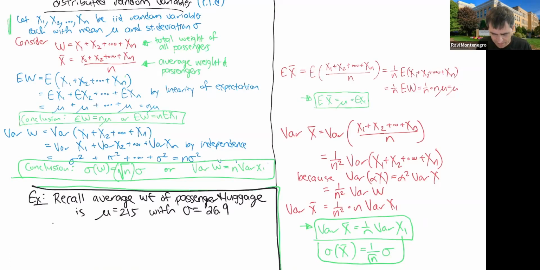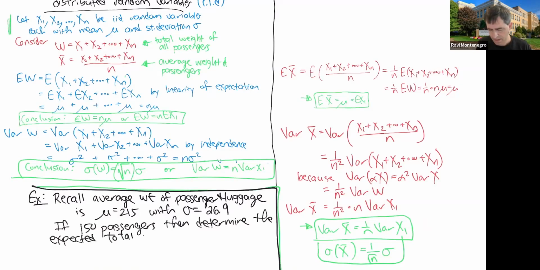So let's find, whoops, I didn't say the number of passengers. If there are 150 passengers, then determine the expected total weight and standard deviation of that total.